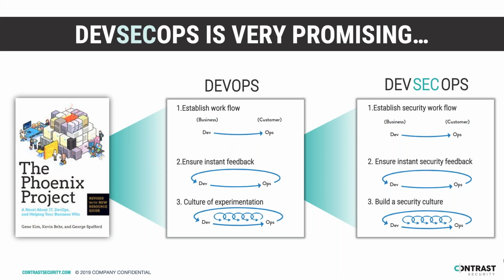You could ensure instant security feedback throughout your development organization, including both development and operations. And you could build a security culture that not only encourages experimentation, but provides those tight security feedback loops to make sure that the right people have the right information as soon as possible across the software development lifecycle.